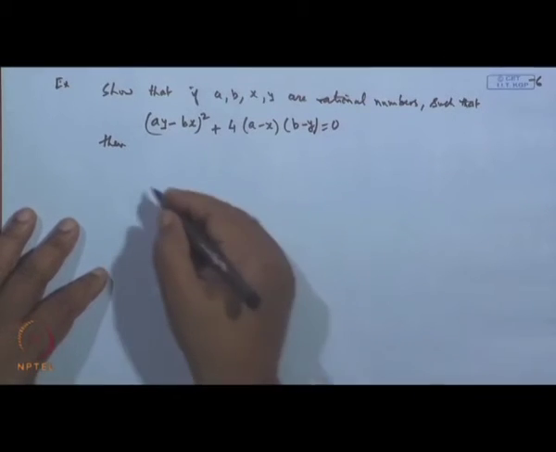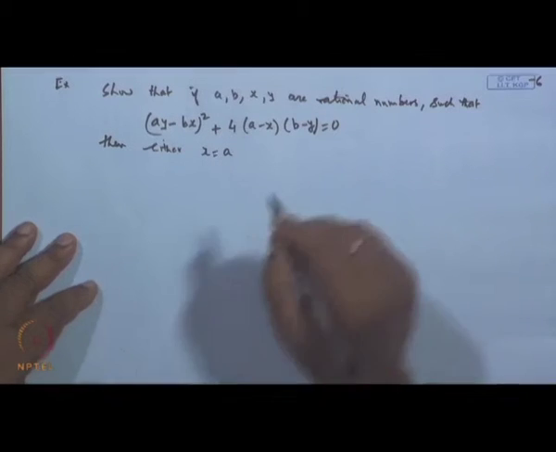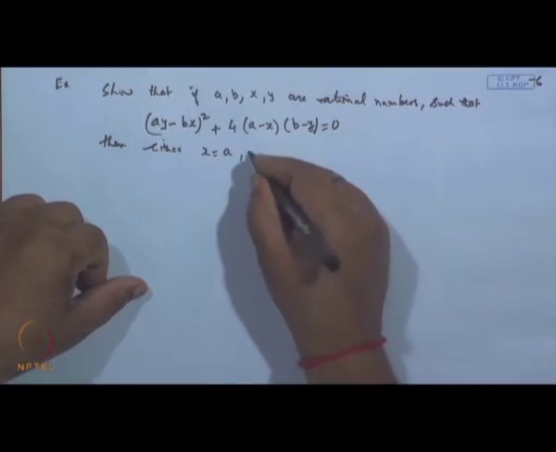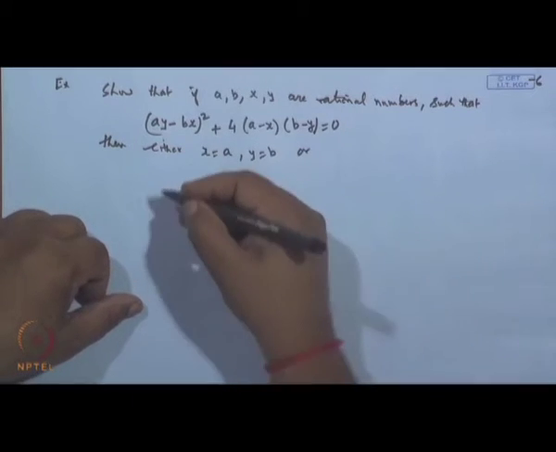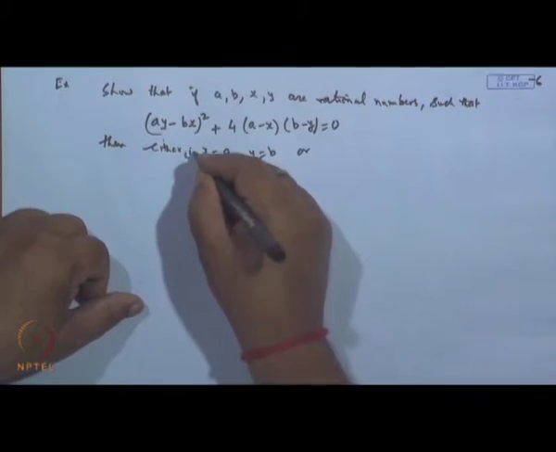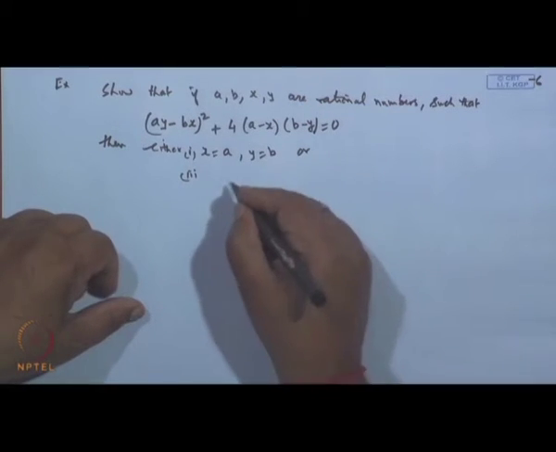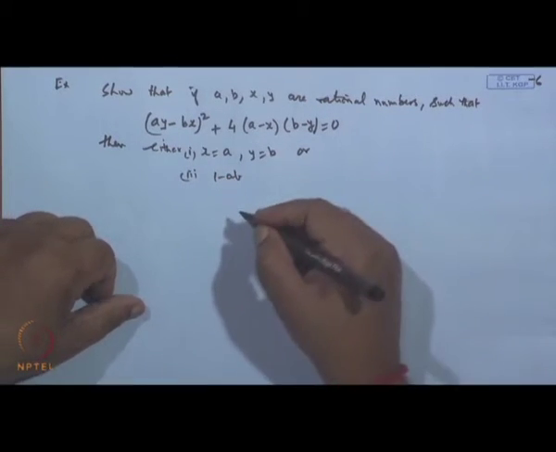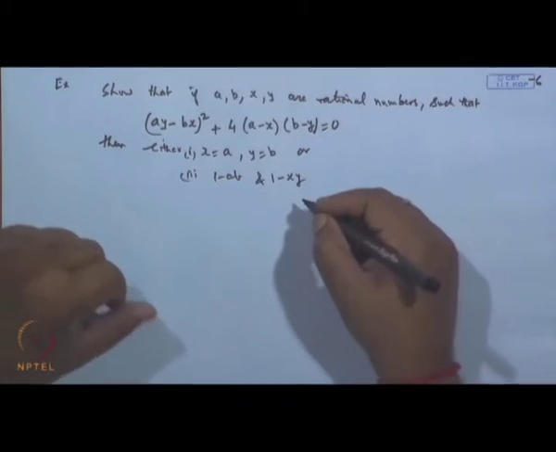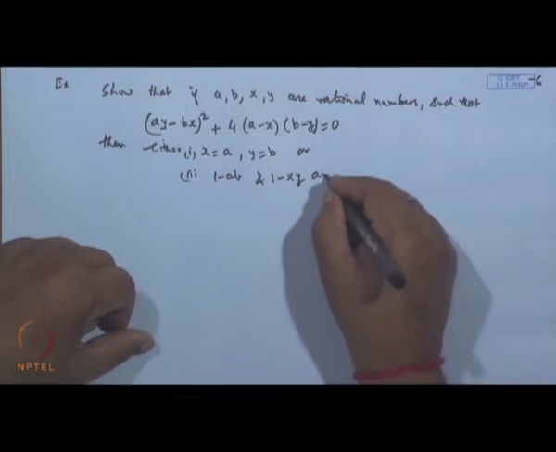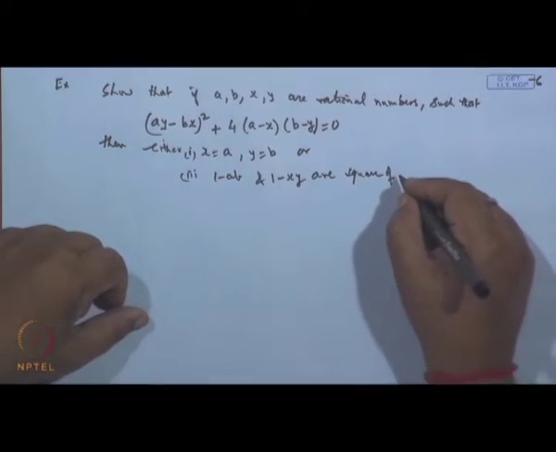Then either x equals a, y equals b, or both 1 - ab and 1 - xy are squares of rational numbers.